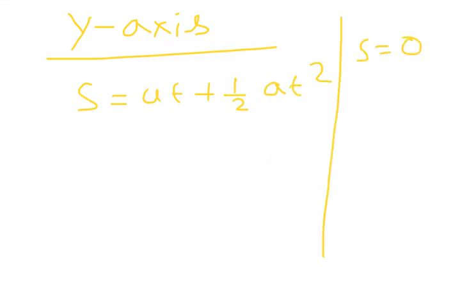There is no vertical displacement, because with respect to the y-axis the displacement is 0. Acceleration, I already told you, ay is equal to minus g cos beta.